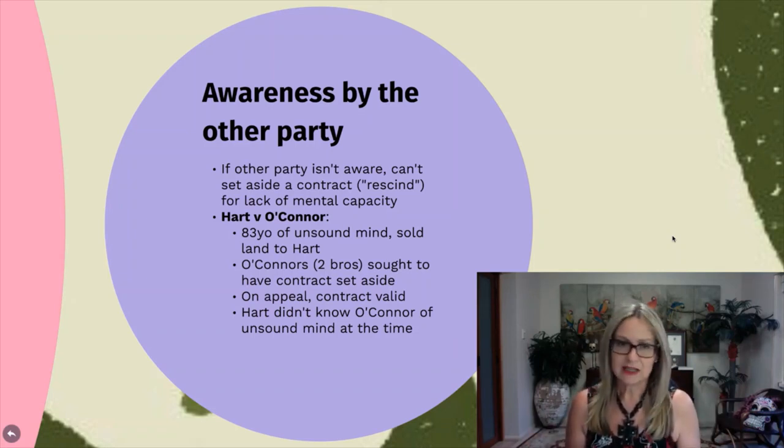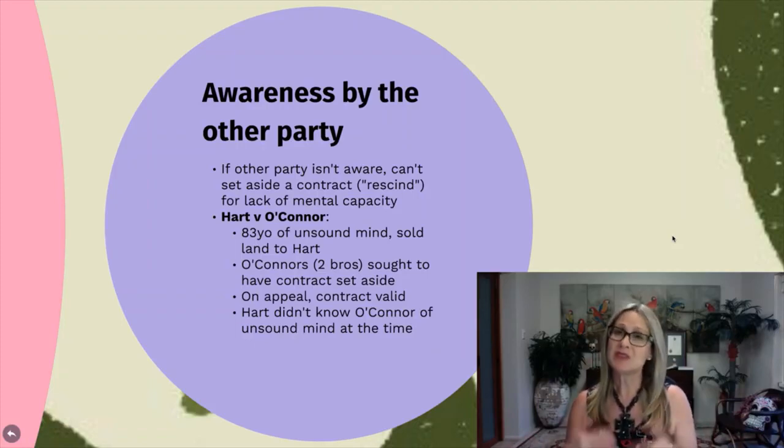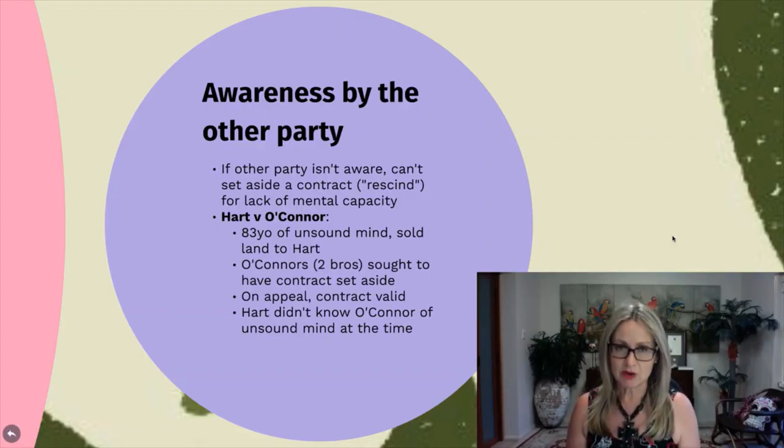He looked the part, he looked sane, he spoke reasonably, and so Mr. Hart didn't actually know that he was of unsound mind. What happened next? Well, the O'Connors, two brothers of the ailing 83-year-old Mr. O'Connor, stepped in to try and have the contract set aside as representatives of Mr. O'Connor. On appeal, it was held that the contract was valid.